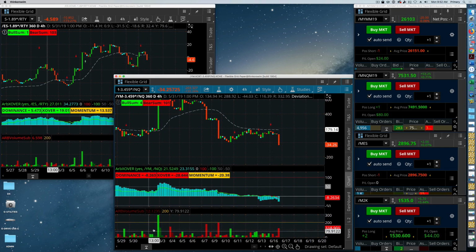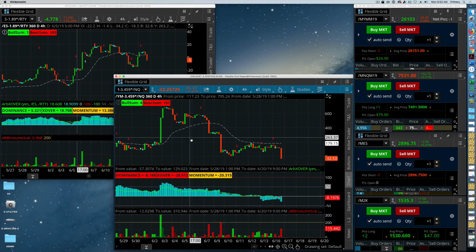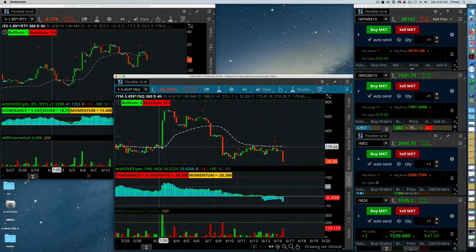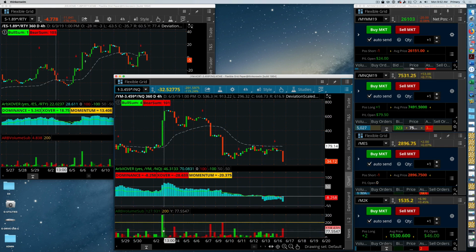And then when we get really high volume, it's pretty much a capitulation type of situation where everybody's in this trade. Then we got a dark green bar, which indicates that volume is much, much less than it was here. And you can see that was the end of the trade.